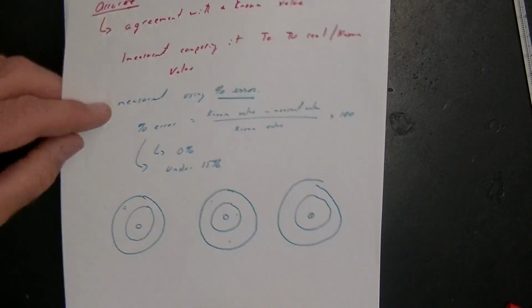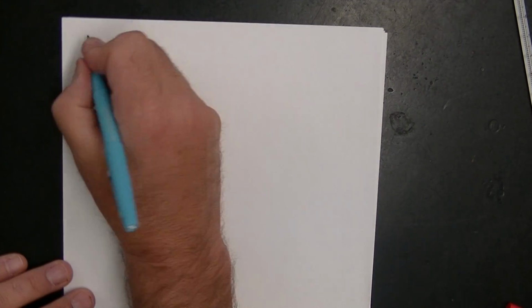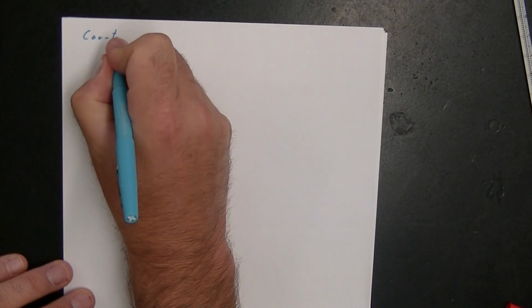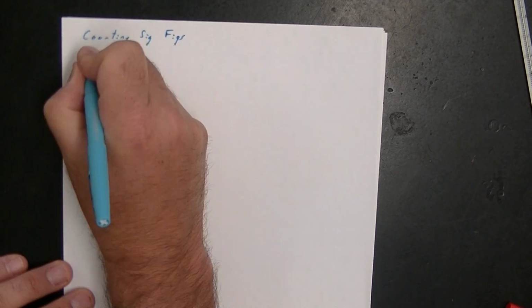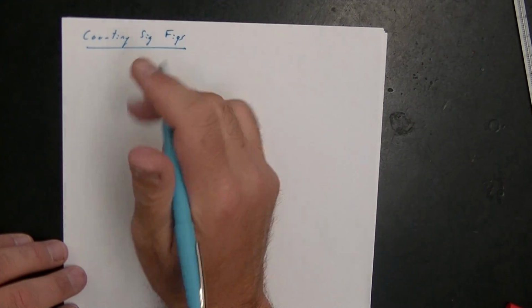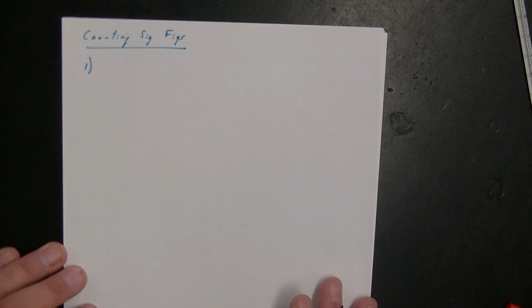All right, so how does this work with significant figures? We're going to start with counting sig figs. Number 1.